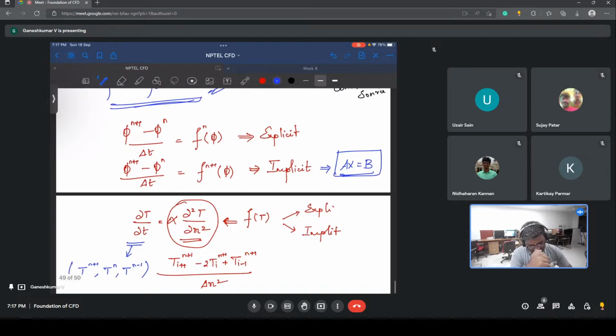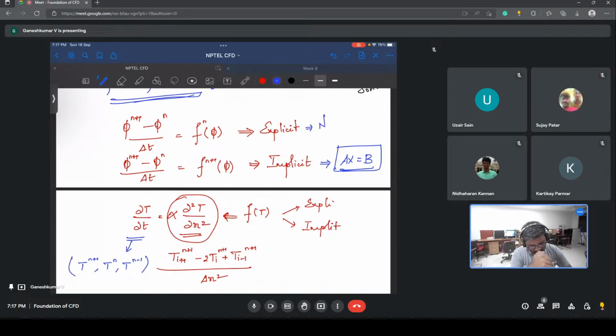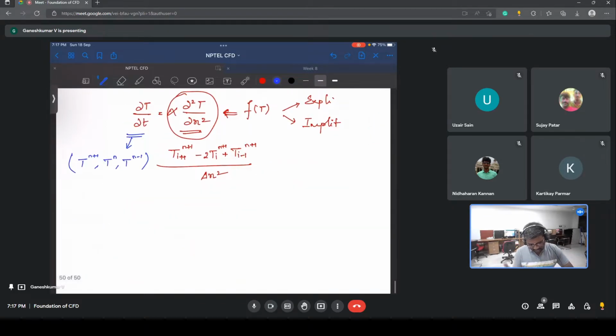But if it is explicit, you don't need any linear system solver, like Gauss elimination, TDMA, or Gauss-Seidel. All those things you don't need, because there is only one unknown. Let's say for example you take this itself.